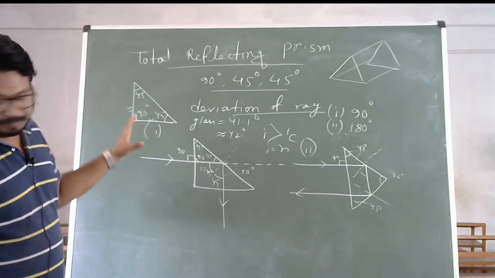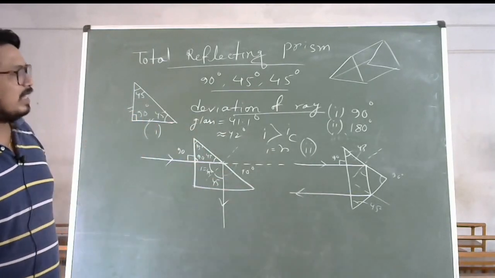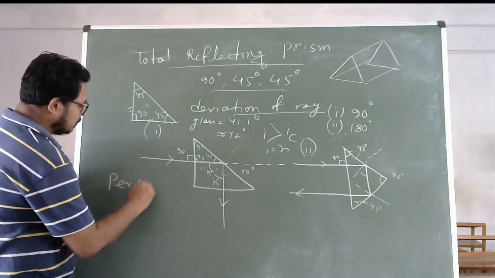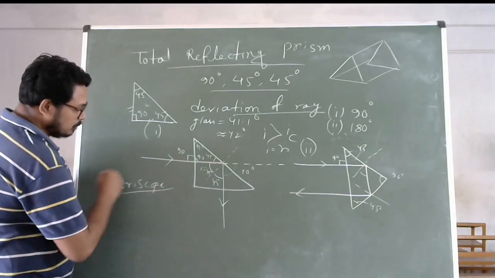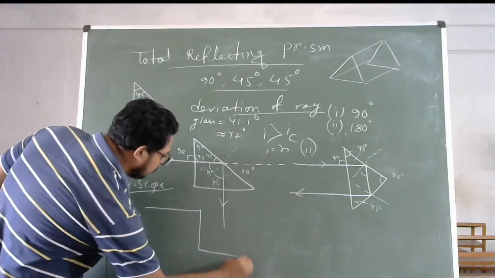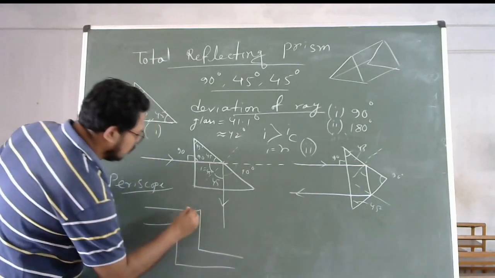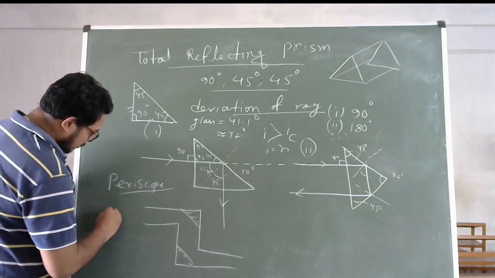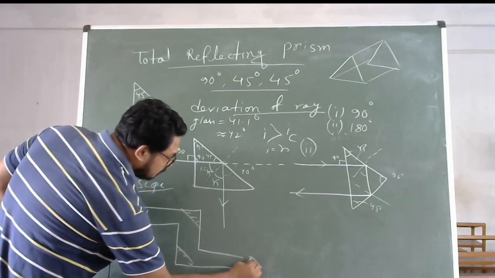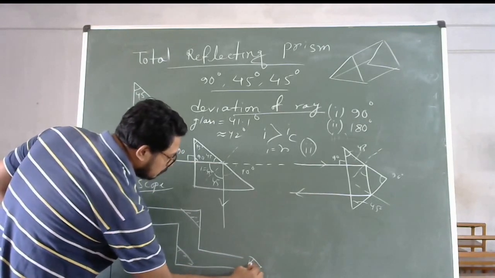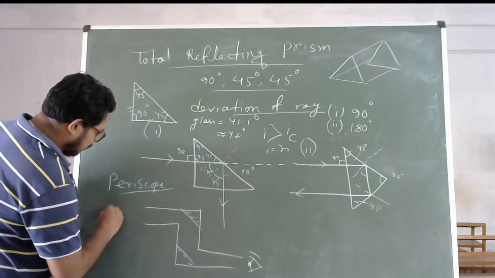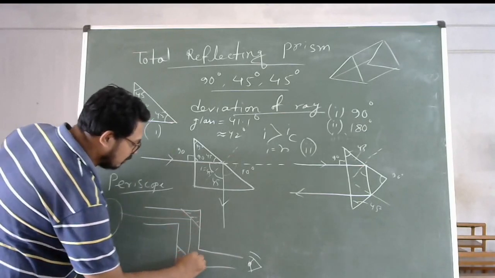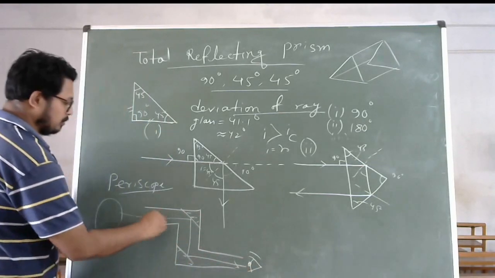Now one application is the periscope. Everyone knows about the periscope. Normally in a periscope we use a mirror, so that if you keep your eye here, when a ray comes from an object, by reflecting you can see the object.